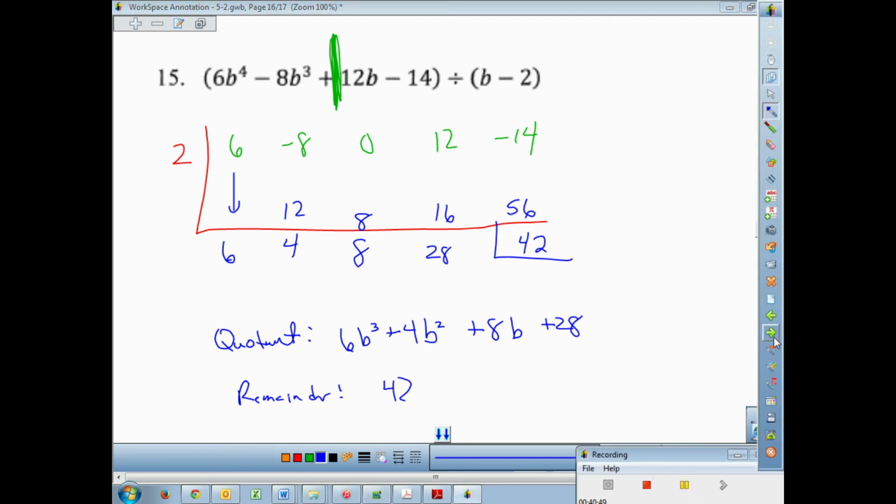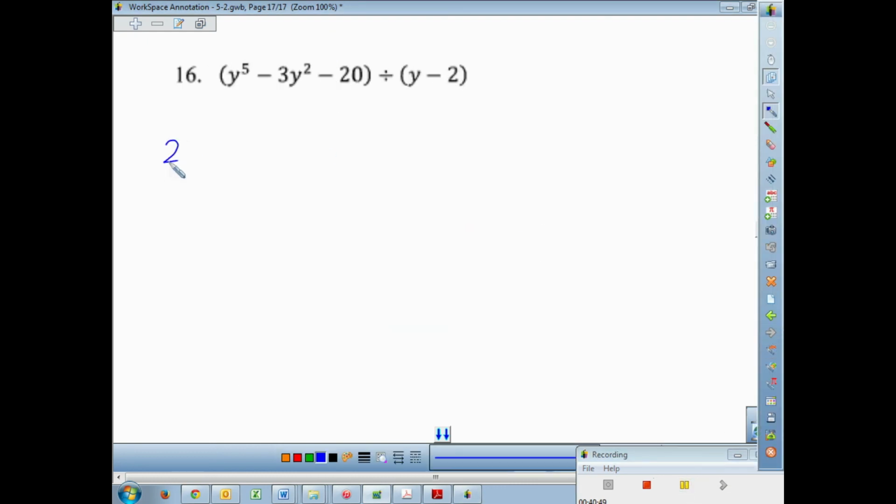Let's do the next one. How many guys should you have in there if that's a 5th degree polynomial? You better have 6 of them in there.